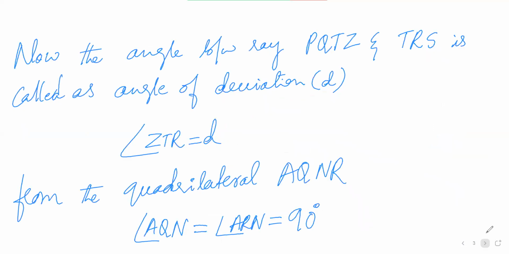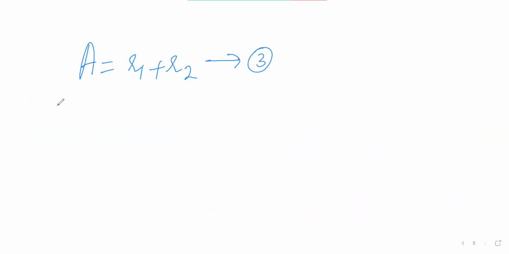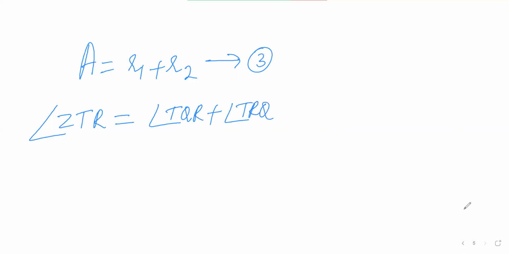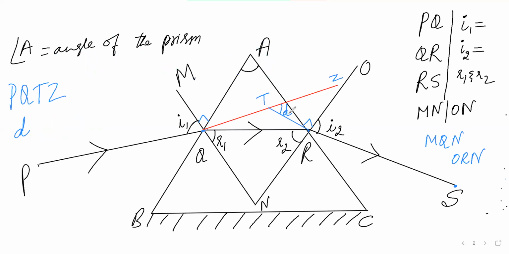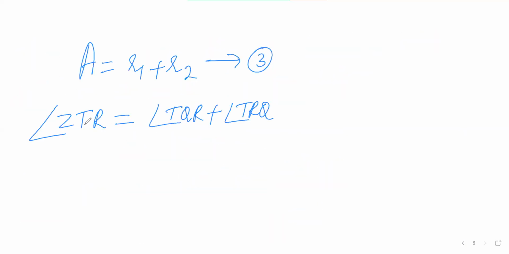Then I can write it here: angle ZTR is nothing but angle TQR plus angle TRQ. Go back to the diagram so you will understand. See here, D is the exterior angle of the triangle, and the interior angles of the triangle are what? Exterior angle will be equal to the sum of the internal opposite angles of the triangle. Correct? So we know that ZTR is nothing but D.